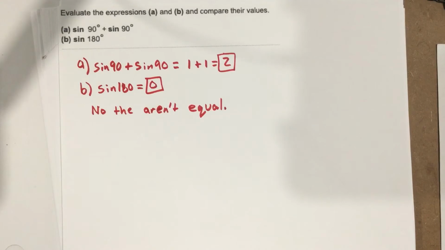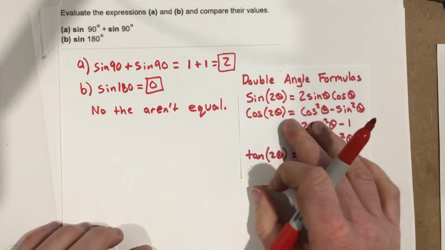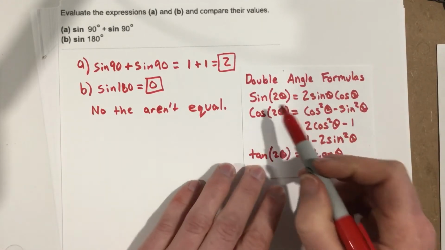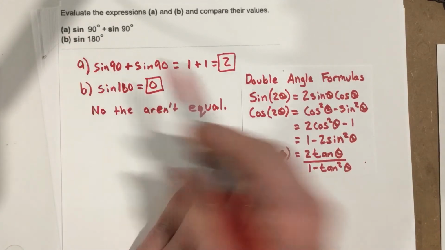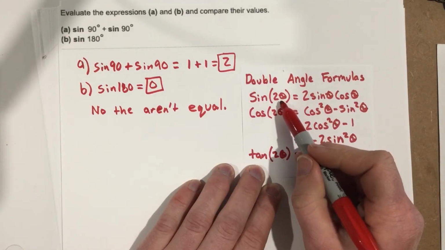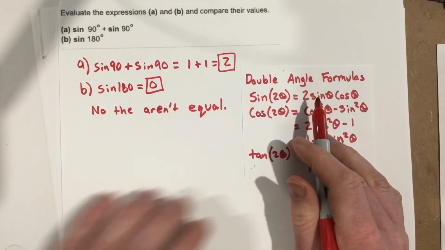Now, for the double angle formula, let's take a look at some of these double angle formulas. So here are the double angle formulas, and this is what they want to prove to you basically. We're using sine, and sine of 2 theta is equal to 2 sine theta cosine theta. Well, let's take a look at this.